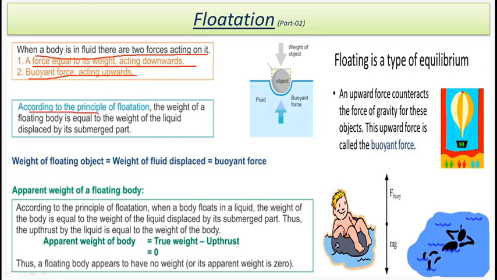Now, according to the principle of flotation, the weight of a floating body is equal to the weight of the liquid displaced by the submerged part. Here you can say that the weight of the floating object or any body is equal to the weight of the fluid displaced, which is also equal to the buoyant force. This we had already understood while we were discussing Archimedes' principle. Now with all this, you can say that flotation is an equilibrium situation.